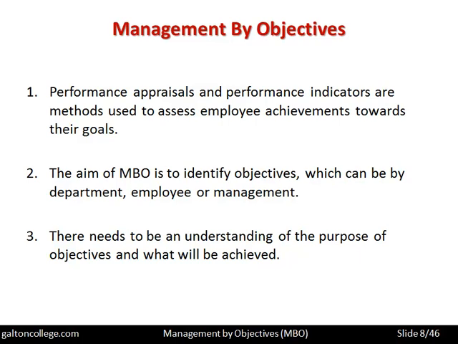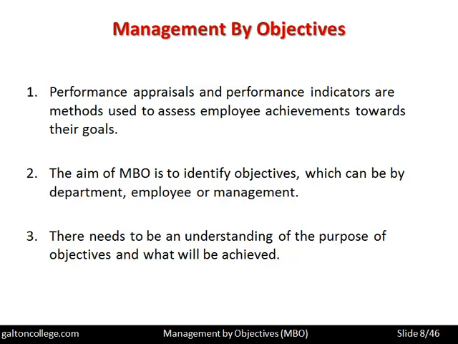Of course, central to much of this discussion is the need for good communications throughout the system. The employees on the shop floor must understand why it's necessary for them to achieve their objectives. The line manager must understand why he or she must achieve his or her objectives.